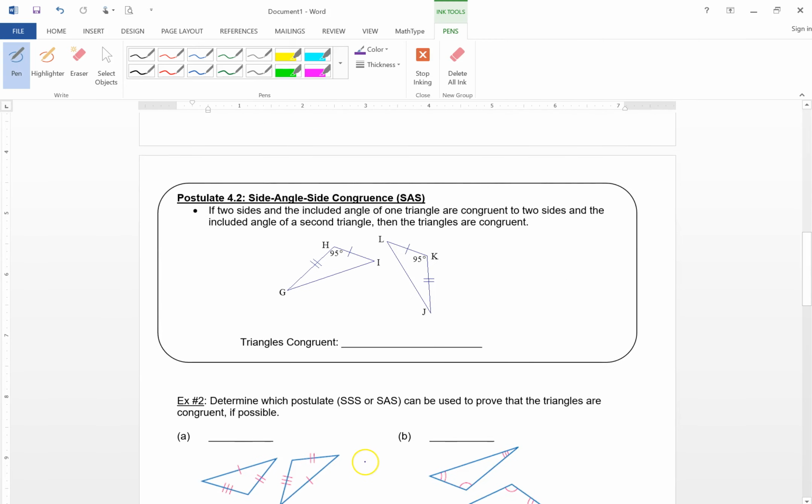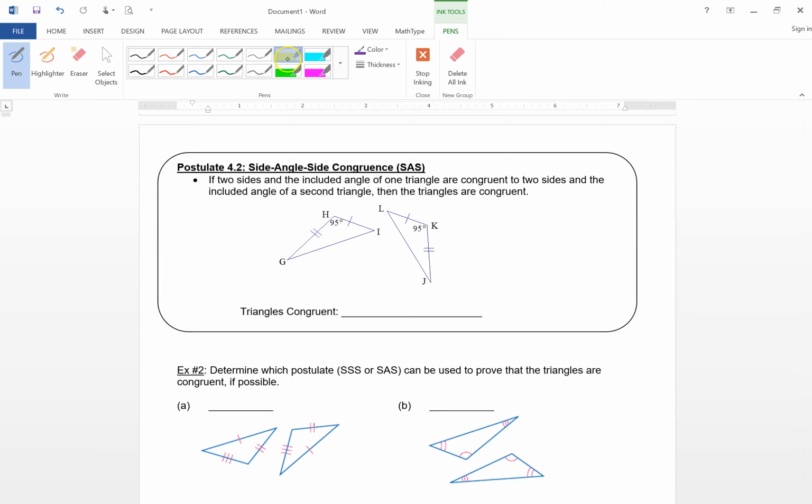So the next one is side angle side congruence. In short, we call it SAS. For this, what we need are 2 sides and the included angle of one triangle, and 2 sides and the included angle of a second triangle.